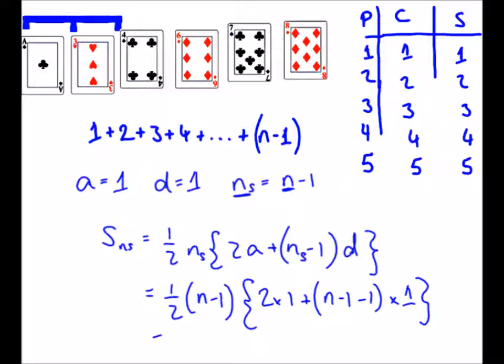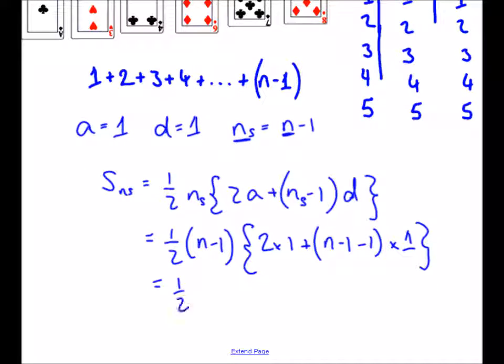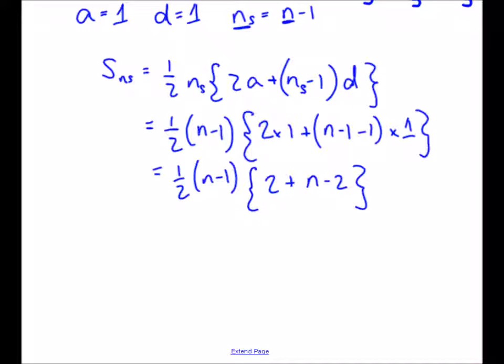When I simplify this, I'm going to get a half n minus 1, and inside my brackets I'm going to get 2 plus n minus 2 times 1. So you should be able to see quite quickly that this becomes a half n minus 1 times n.